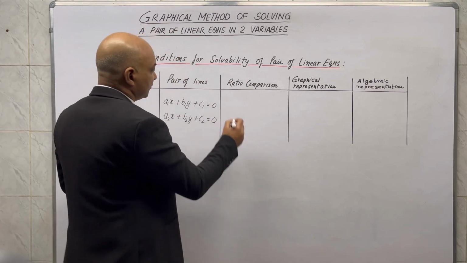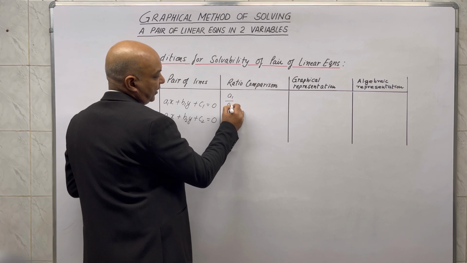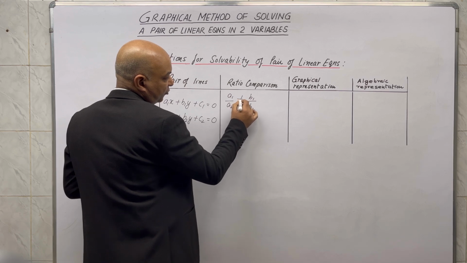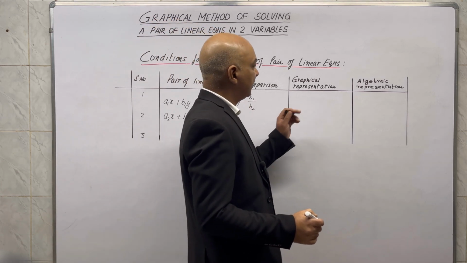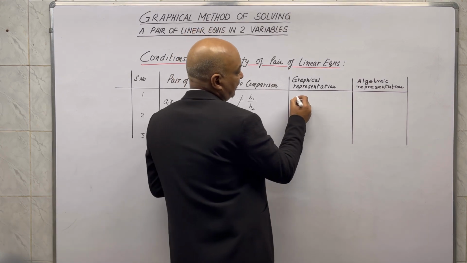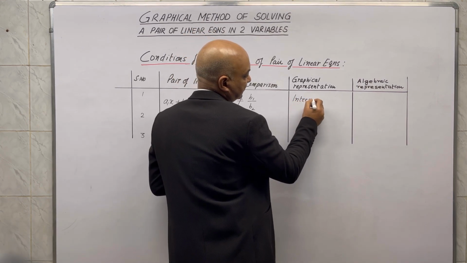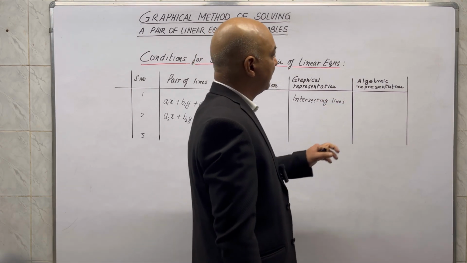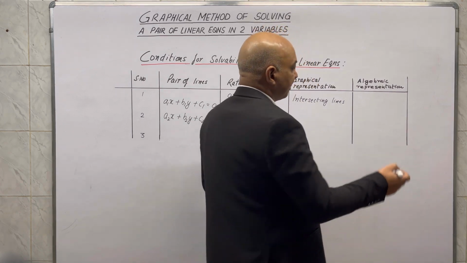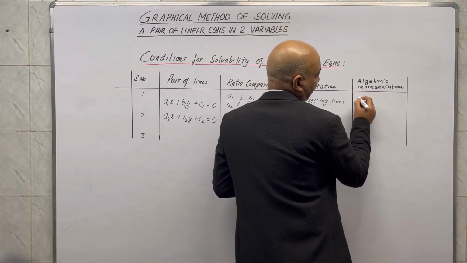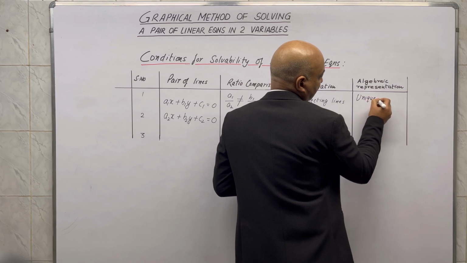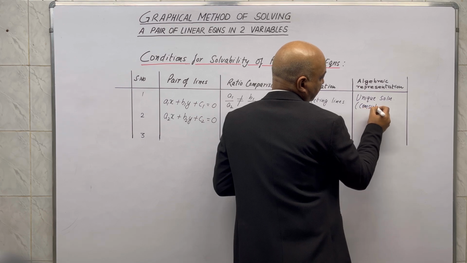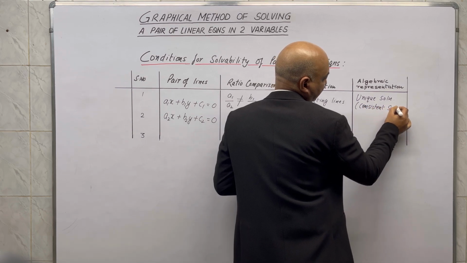First of all, we are going to see the ratios a1 upon a2 and b1 upon b2. If they come out to be unequal, then graphically we can say that we have intersecting lines, and algebraically we can say that the given pair has a unique solution, also called a consistent system.